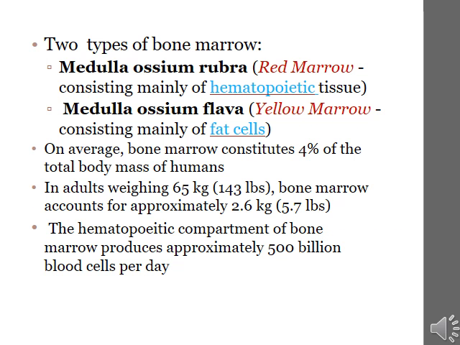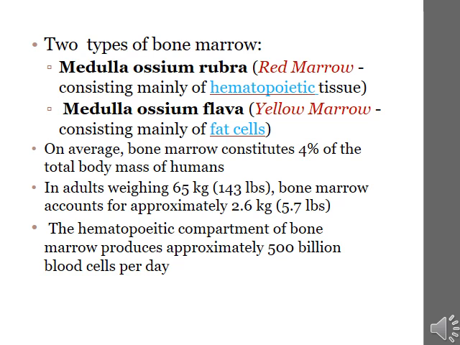Another thing, there are two types of bone marrow actually, medulla ossium rubra and medulla ossium flava. Red marrow, consisting mainly of hemopoietic tissues, is ossium rubra. Another is yellow marrow, consisting mainly of fat cells.